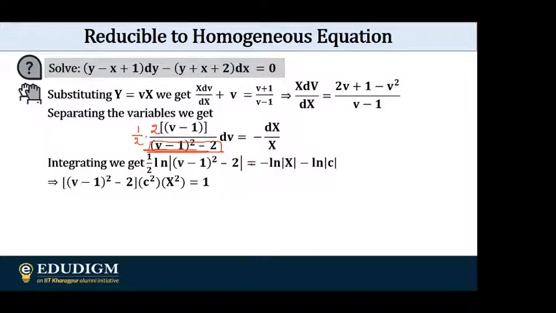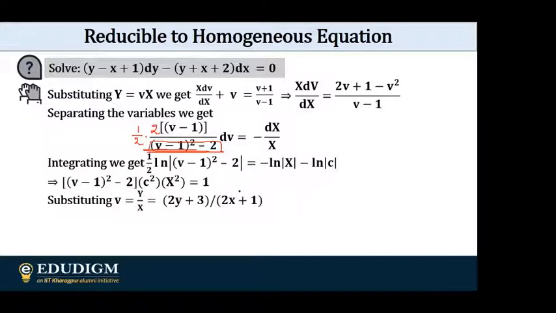Now be very, very careful about one thing. If you look at this particular equation, it has small v and capital X, and all those things were introduced for our own benefit. So make sure you replace them to get the ultimate answer. Now I'm putting v equals y by x. What was capital Y?